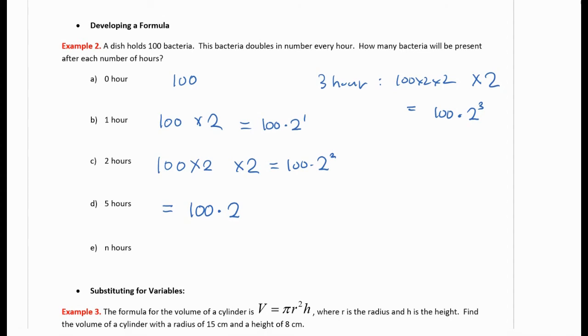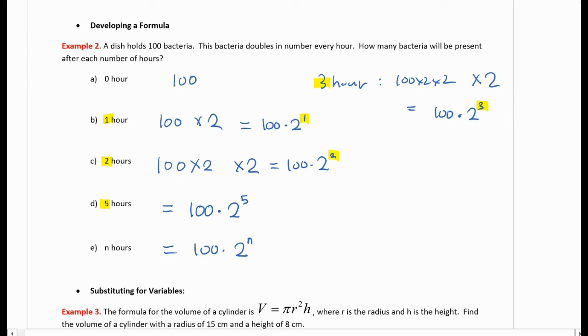So, look at the pattern. 1 hour, you have exponent 1. 2 hours, you have the exponent 2. 3 hours, you have the exponent 3. Then 5 hours, your exponent should be 5. Then n hours, your exponent should be n.